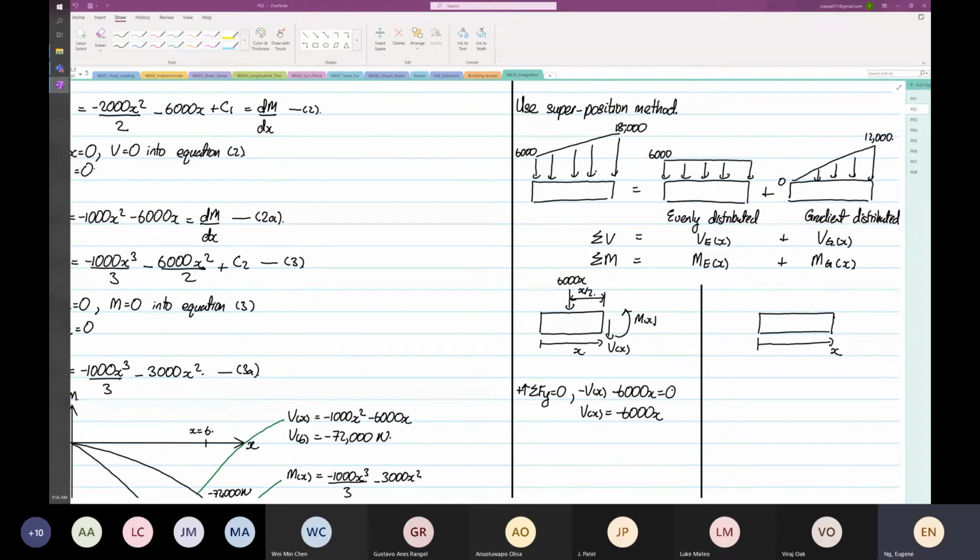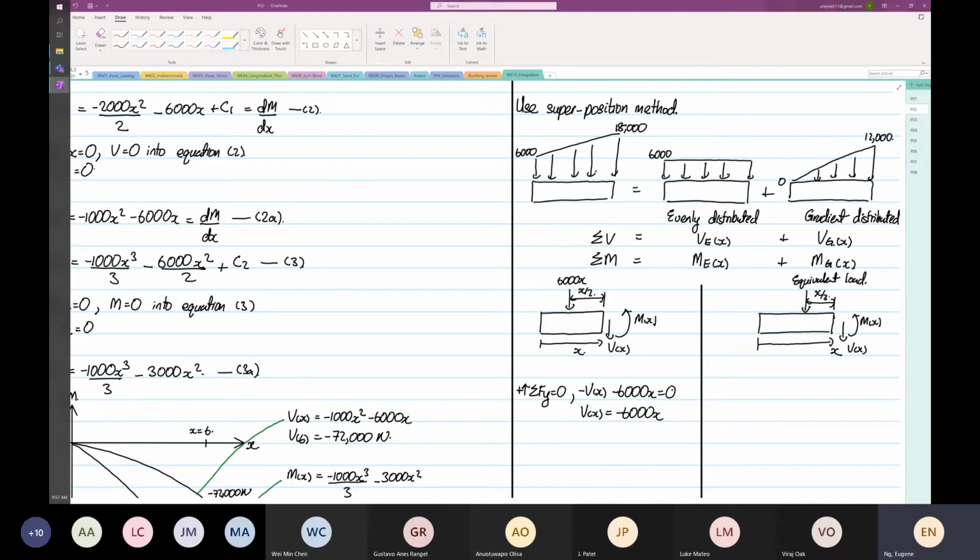Then for the gradient distributed load, this is V as a function of x. This is M as a function of x. So you have to find what is your equivalent load. Okay, so down here you require more working. So it will be x over 3. Okay, so how do we find the equivalent load?